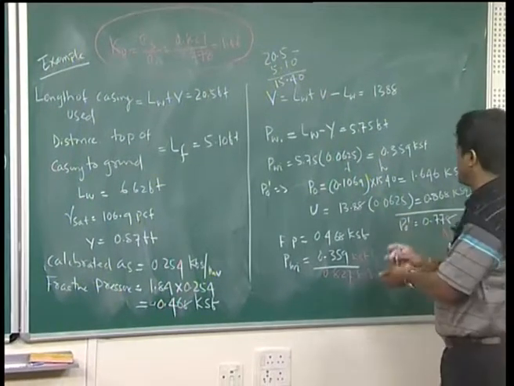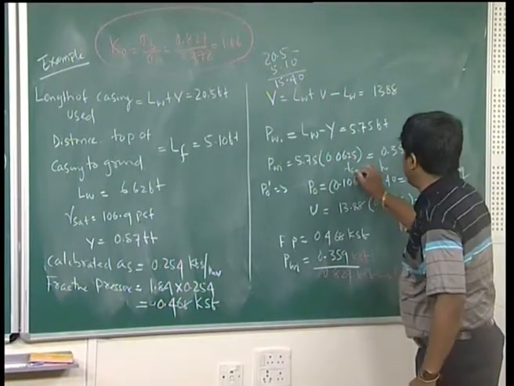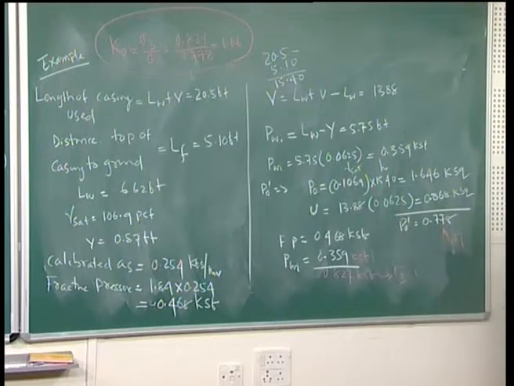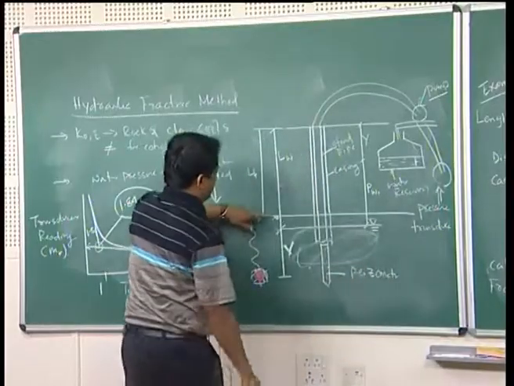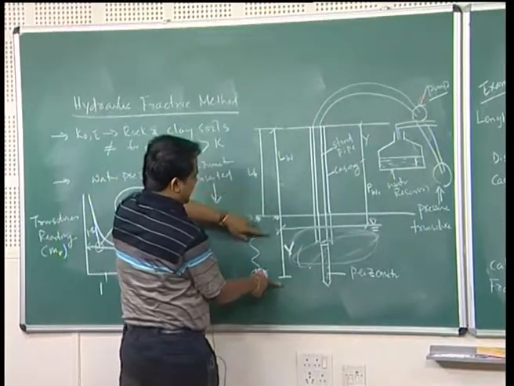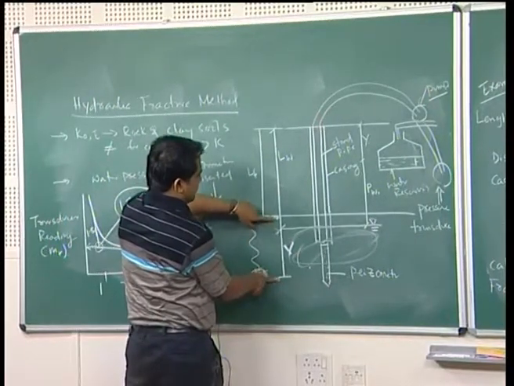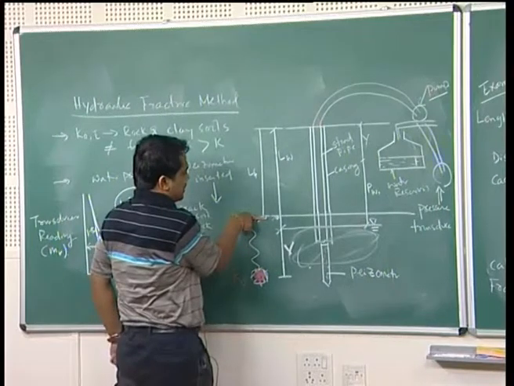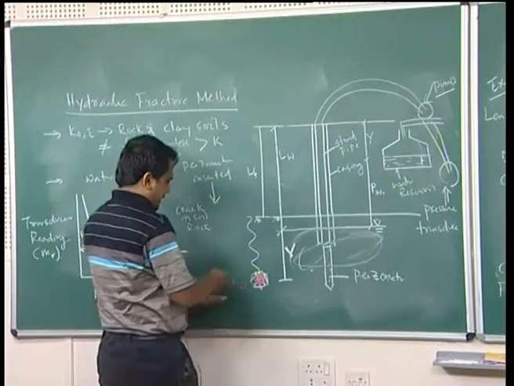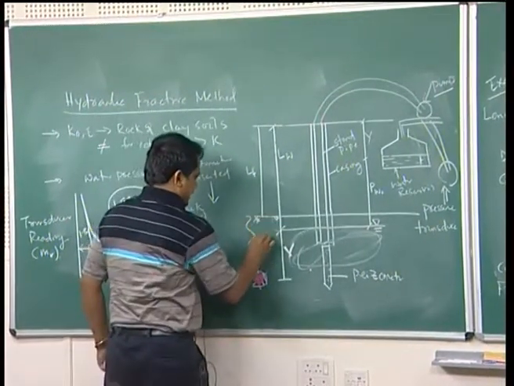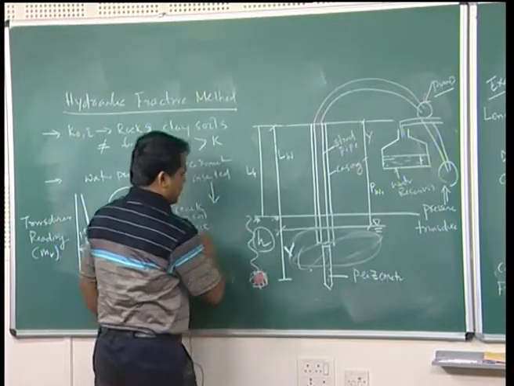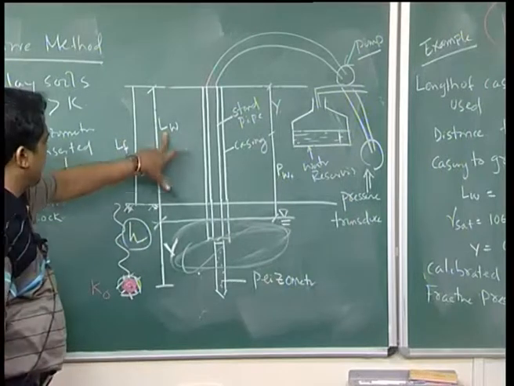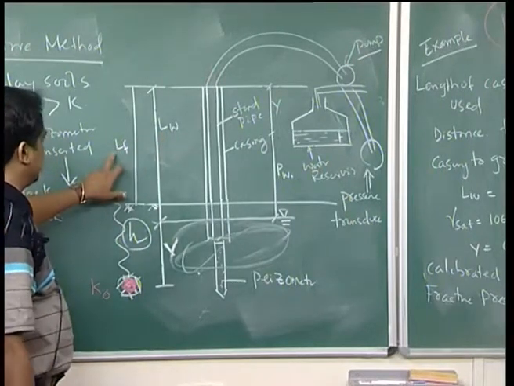This is your saturated unit weight. Now, H from this ground surface, if you look at here, this H is nothing but this, because this is your ground surface. Below this height is your H. Now LW plus B is given and LF is given.